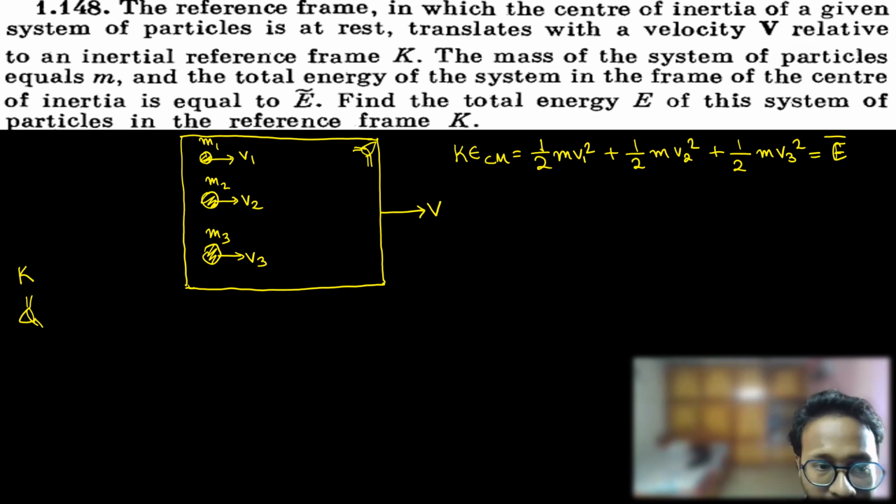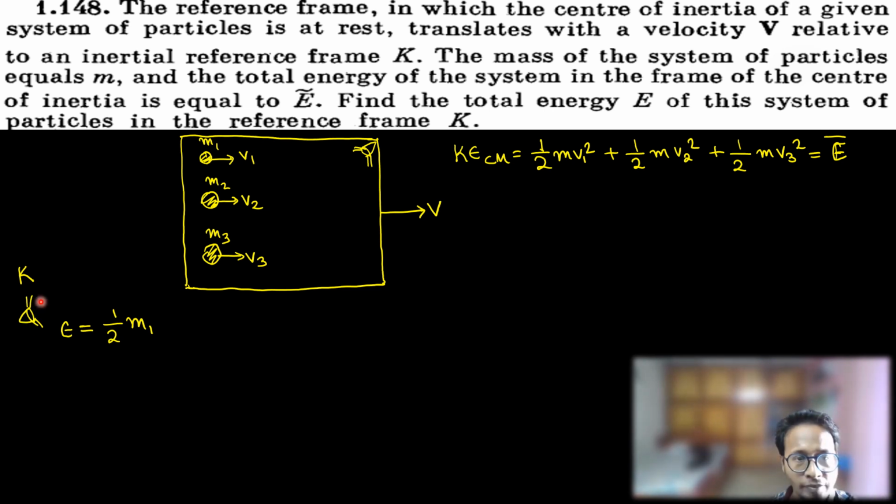So the total kinetic energy as observed by frame of reference K, the total energy E as observed by K, is nothing but half m1 into velocity v1 as observed by this frame. So what is the velocity of m1 as observed by this frame? This velocity plus the velocity of m1, or v plus v1.